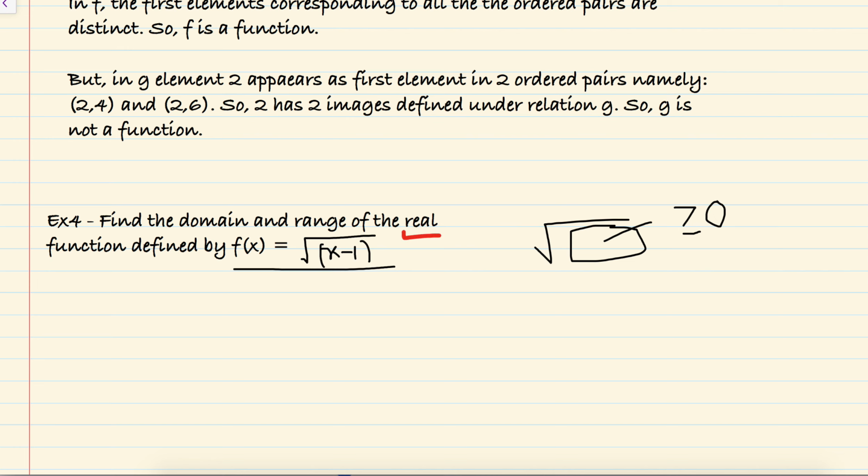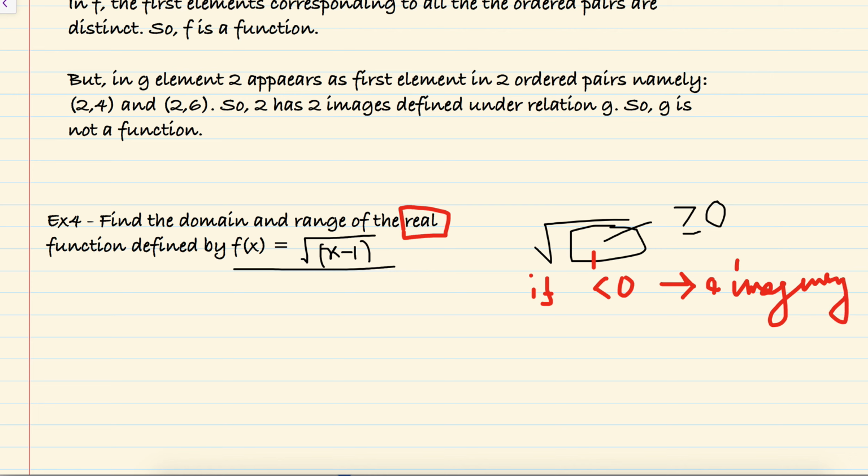So here the term real is important. Real means that the function takes its domain as real as well as it gives real valued output. So if this term here becomes less than 0, then we will get imaginary numbers, not real numbers.